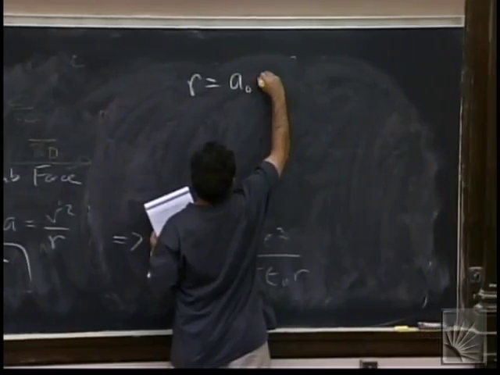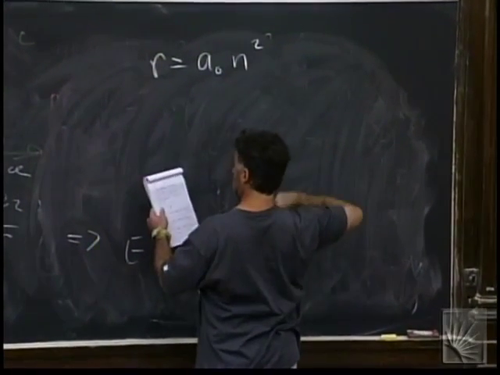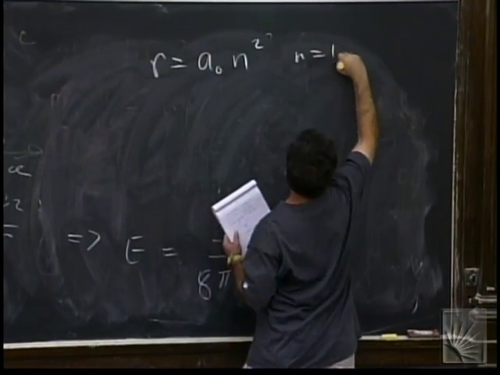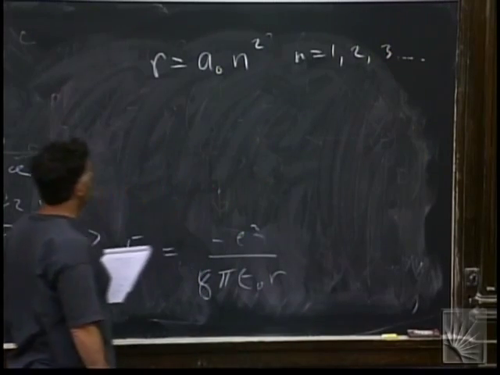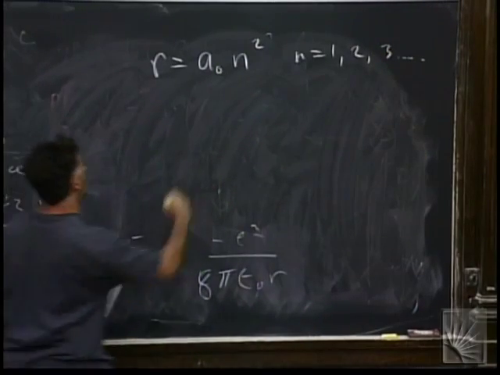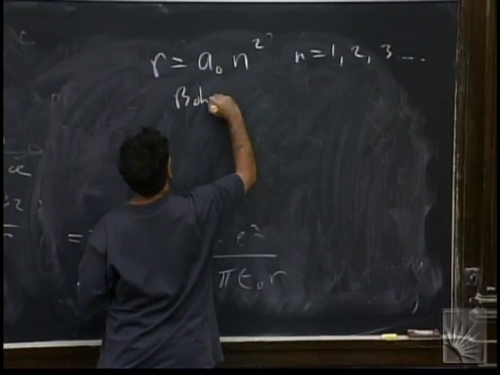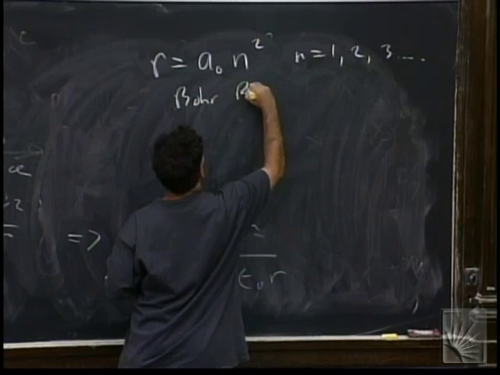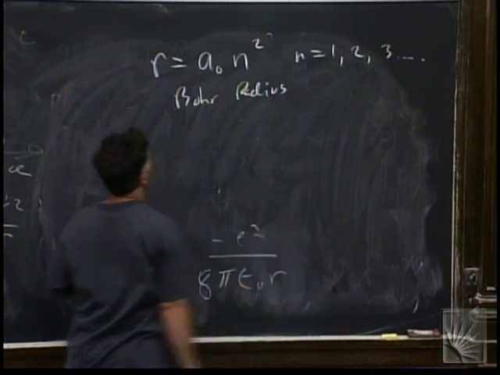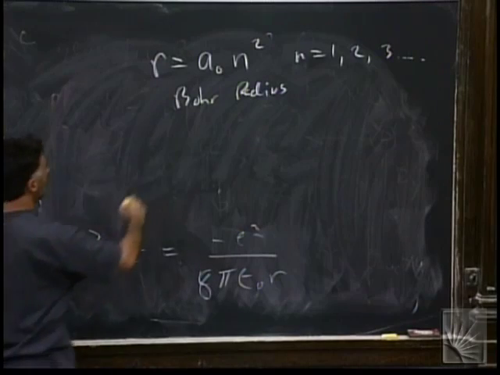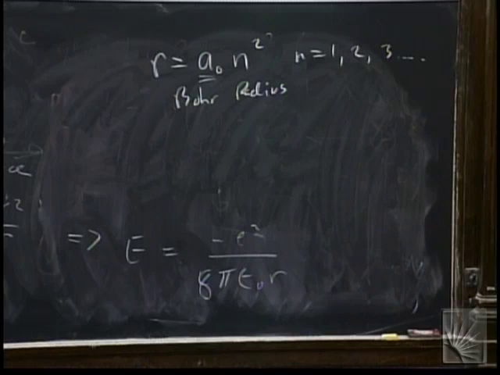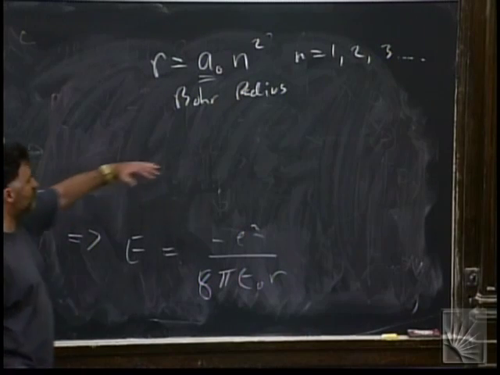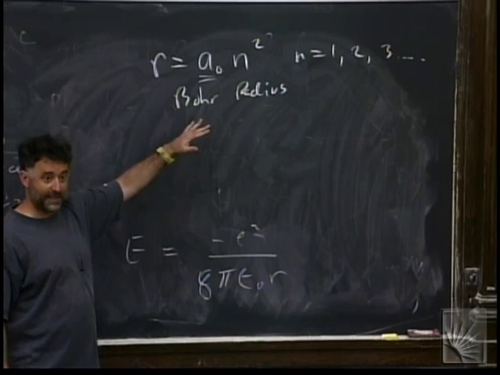You get r is equal to n squared a naught, n equals 1, 2, 3, and so forth, where a naught is called the Bohr radius, the ground state.